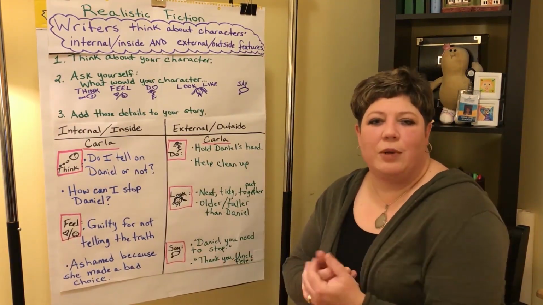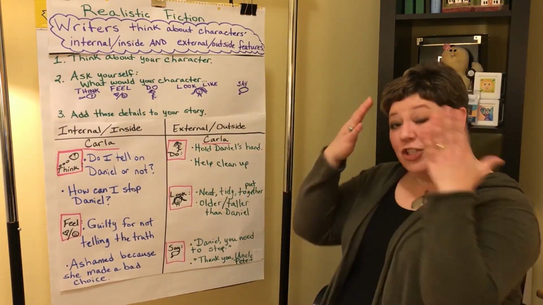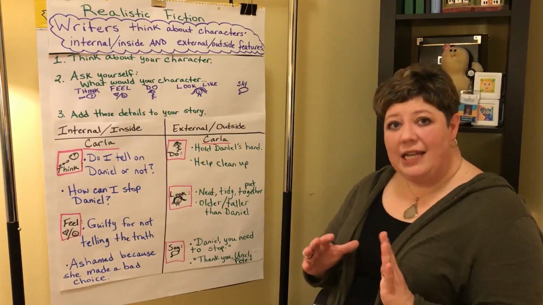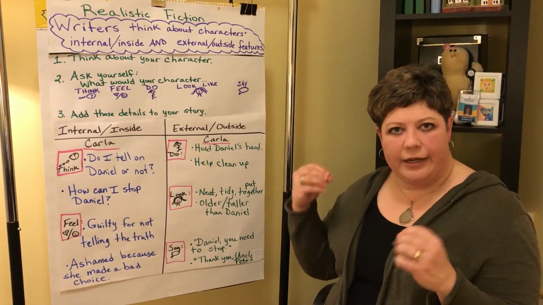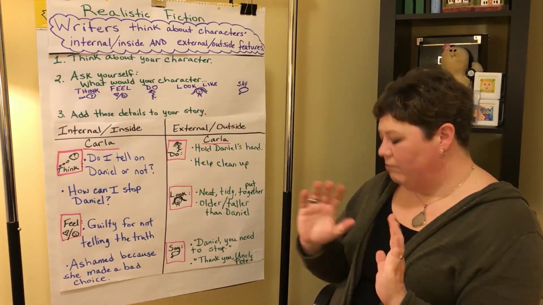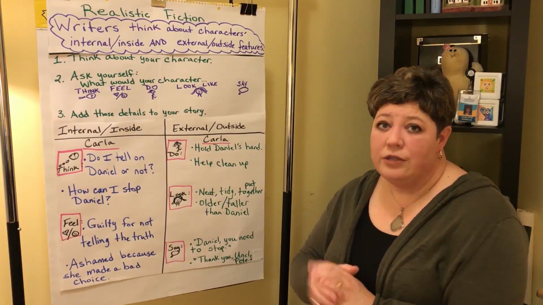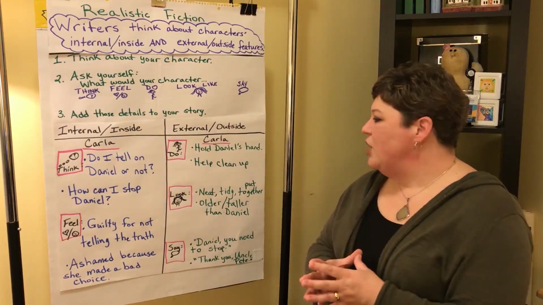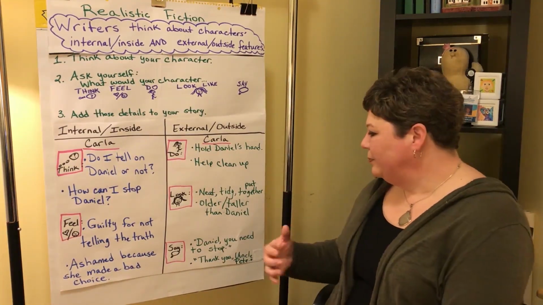Because she's that kind of person, very helpful, conscientious. The way she looks on the outside, she's pretty neat and tidy and put together with her outfit and her hair done, and she's all tidy. She's also, I've mentioned she's older, so she's a little taller than Daniel physically. So these are things that people could observe just by looking at her.